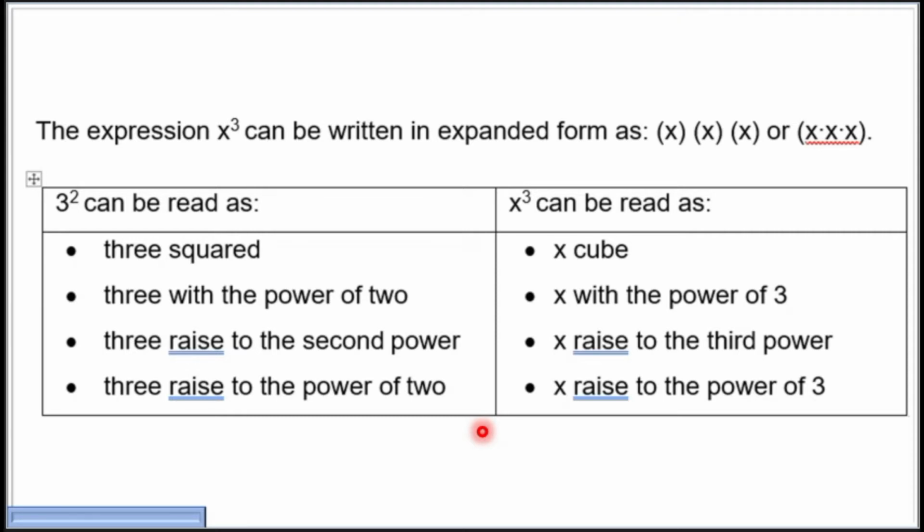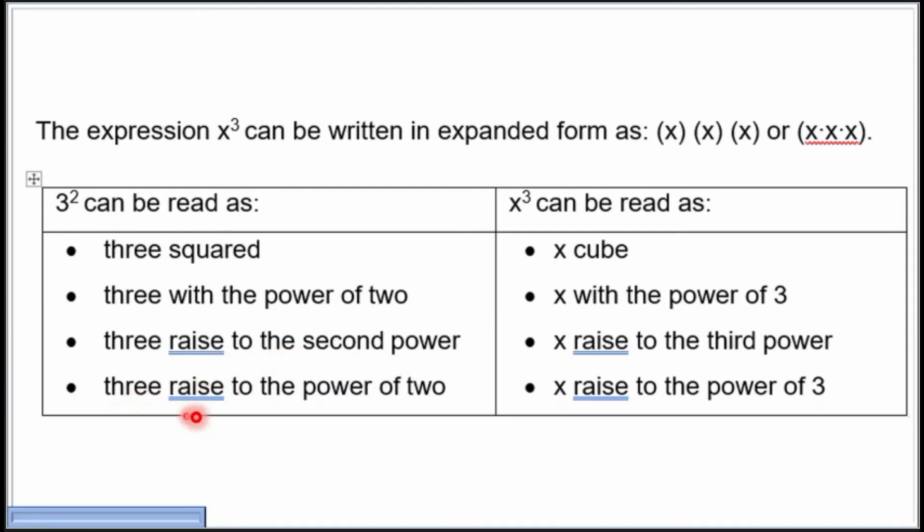Okay, on the table we have a comparison of how to write and read these. 3 squared can be read as 3 squared, 3 with the power of 2, 3 raised to the power of 2, or 3 raised to the second power.